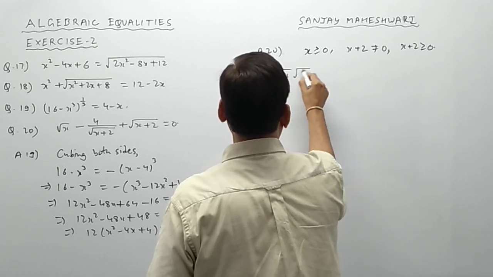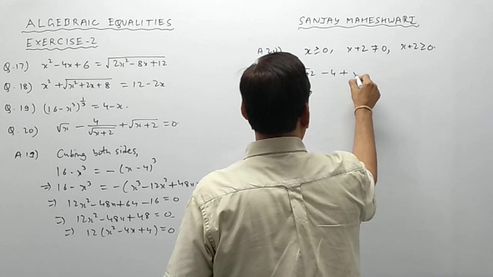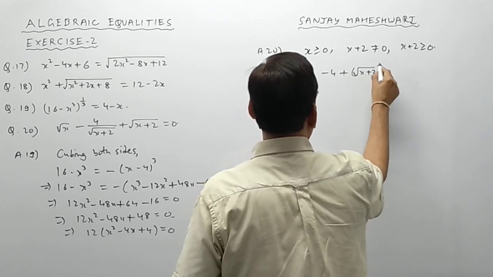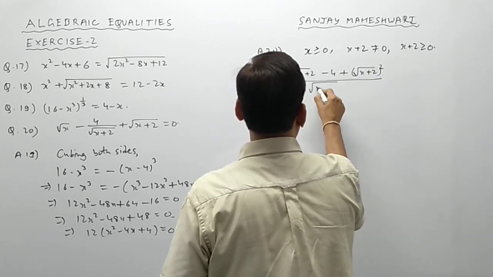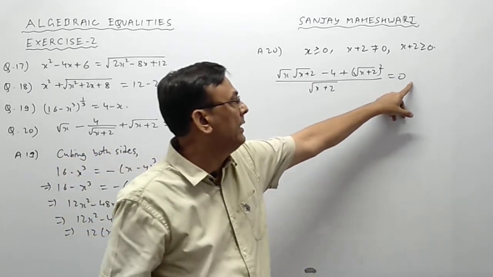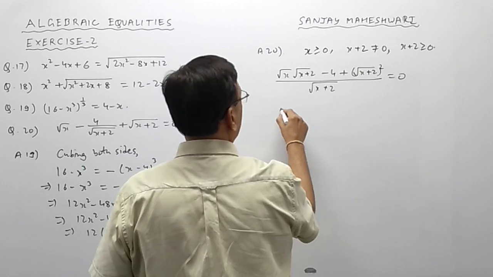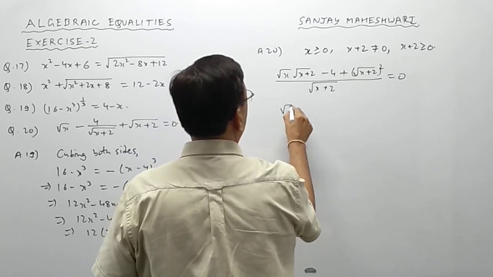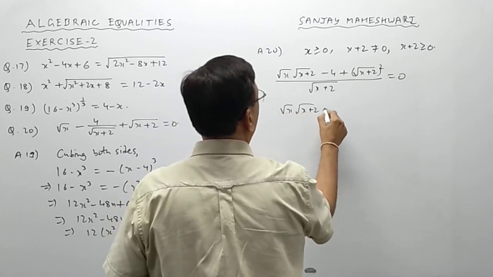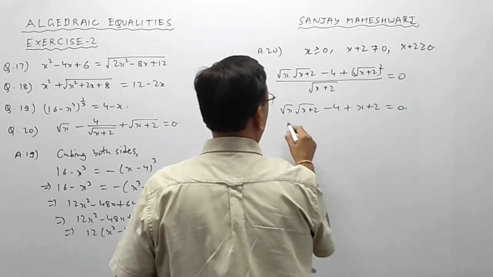Therefore root x plus 2 minus 4 plus root x plus 2 whole square divided by root x plus 2 is equal to 0. This is a positive quantity, so this can be taken to that side and multiplied, it becomes 0. So it is now root x plus 2 minus 4 plus x plus 2 is equal to 0.